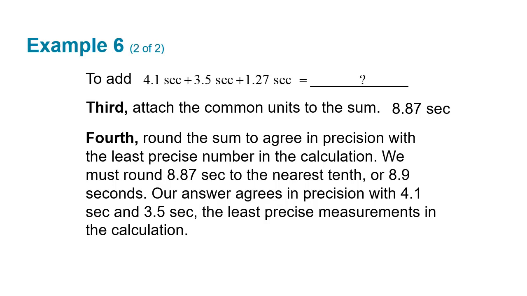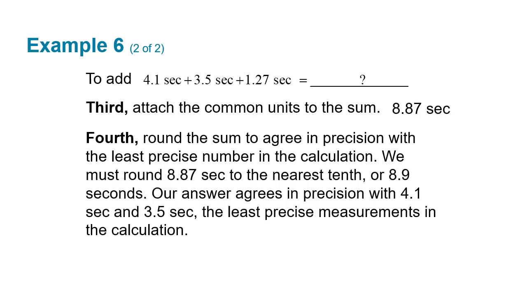And then the last thing you do is you round your answer to agree in precision with the least precise number in the calculation. And even though 1.27, right, was accurate to the hundredths place, these two are only accurate to the tenths place. So we have to round back to the tenths place and say that our answer would be 8.9 seconds.